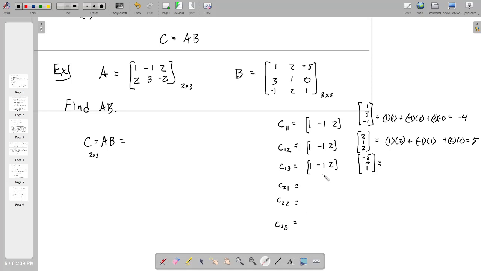And we multiply entry-wise: 1 times negative 5, negative 1 times 0, plus 2 times 1. 2 times 1 is 2, negative 1 times 0 is 0, 1 times negative 5 is negative 5. So negative 5 plus 2 is negative 3.